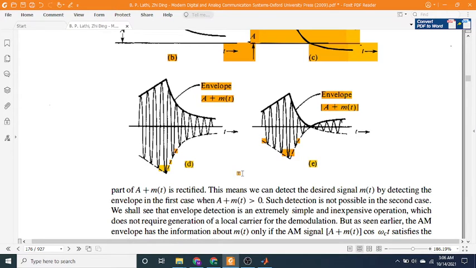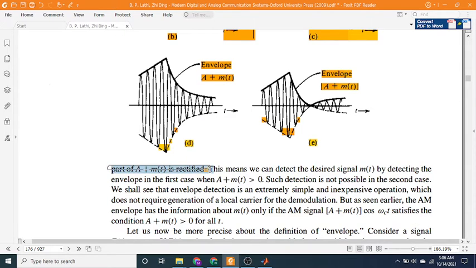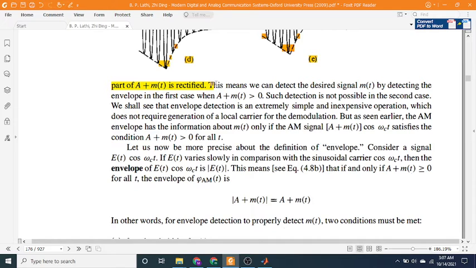This means we can detect the desired signal m(t) by detecting the envelope in the first case when A + m(t) > 0. Such detection is not possible in the second case.